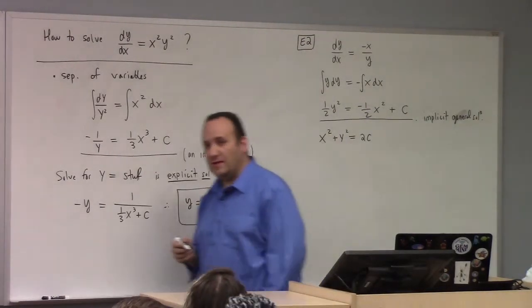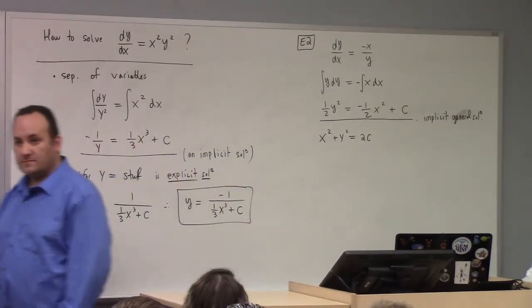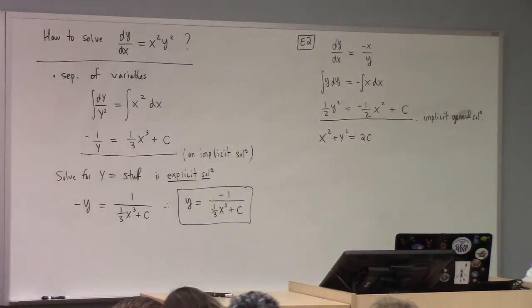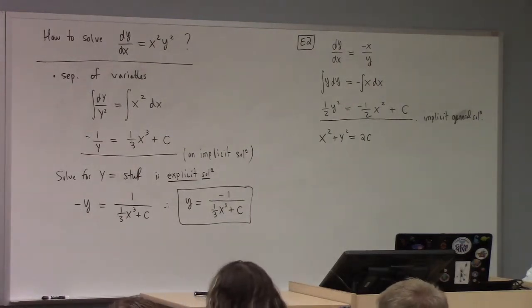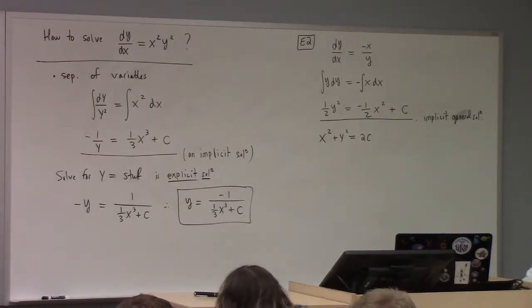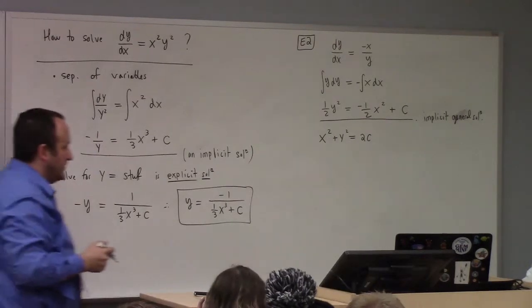Can you think of a better name for 2c? If I'm looking for the solution set x comma y such that x squared plus y squared equals 2c, can c be negative? c cannot be negative. If c was negative, there's no solutions, right? So without loss of generality, if we're trying to understand the solution set to this equation, I might as well write 2c as r squared.